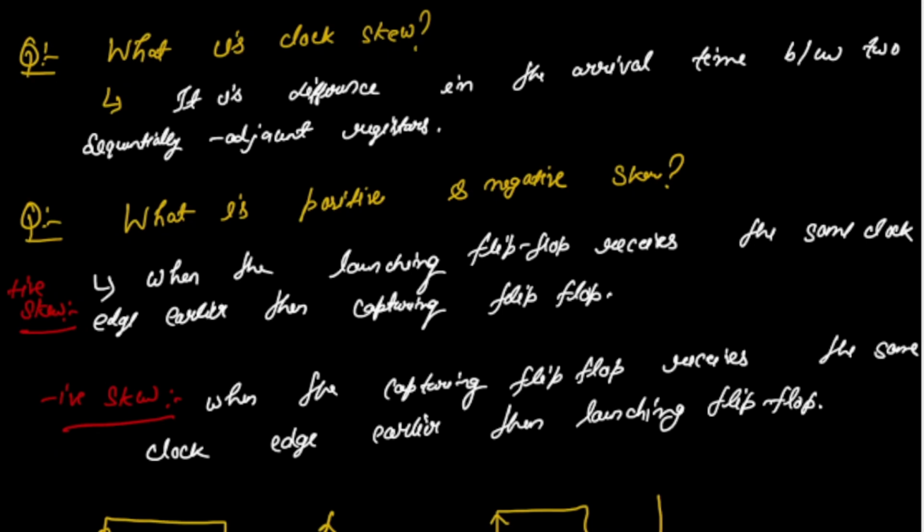When the launching flip-flop receives the clock edge earlier than the capturing flip-flop, it is called positive skew. And when the capturing flip-flop receives the same clock edge earlier than the launching flip-flop, it is called negative clock skew.